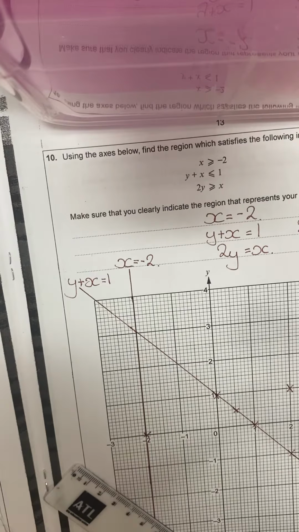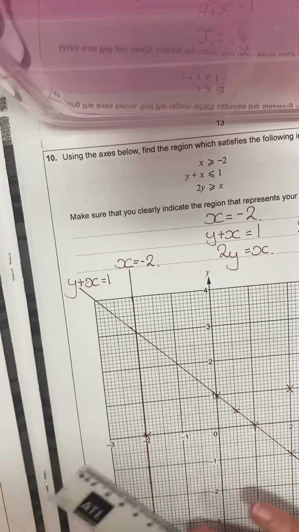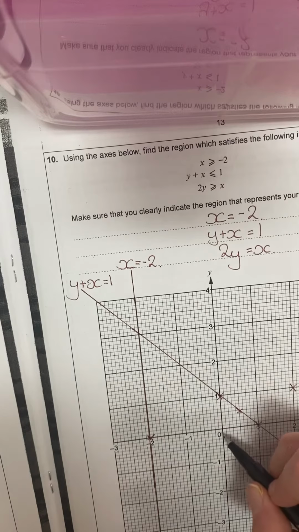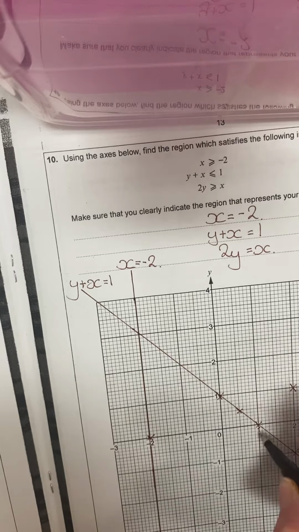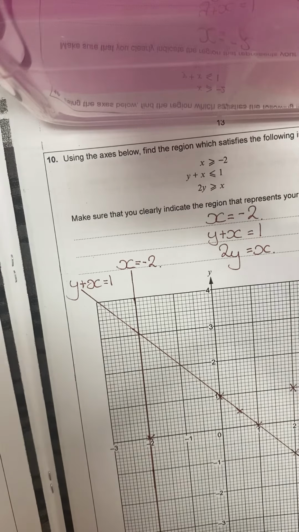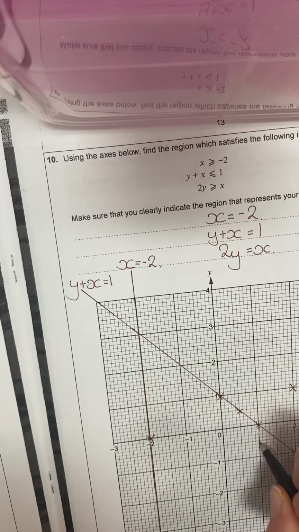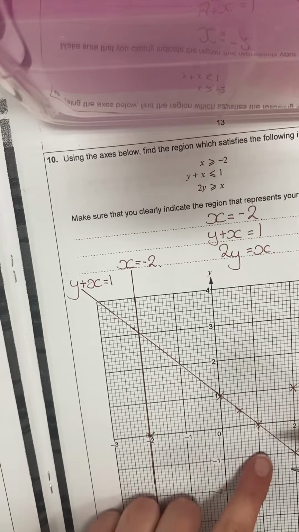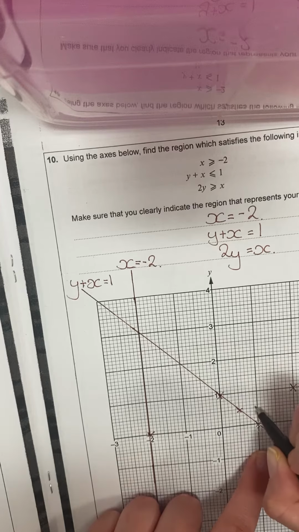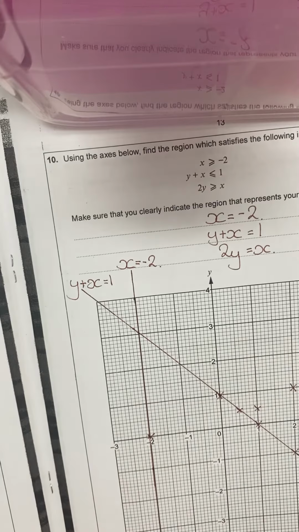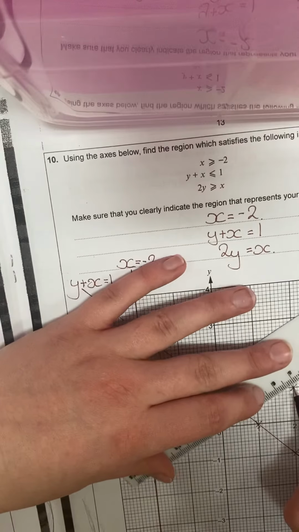So 4, 2. And if my x coordinate is 1, that would go there. 1 is equal to 2 lots of 0.5. So 1 and 0.5 is going to go onto my line.